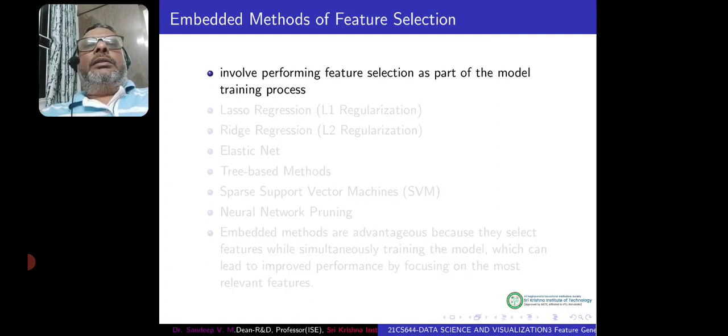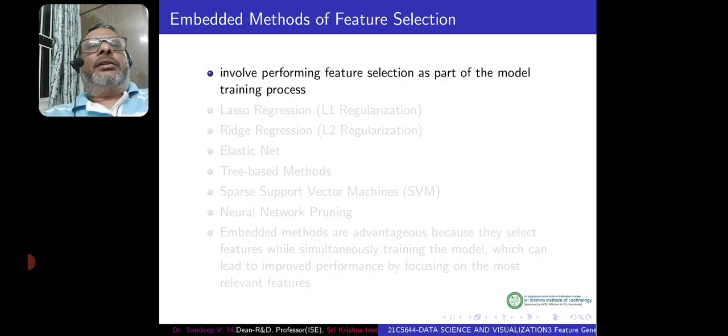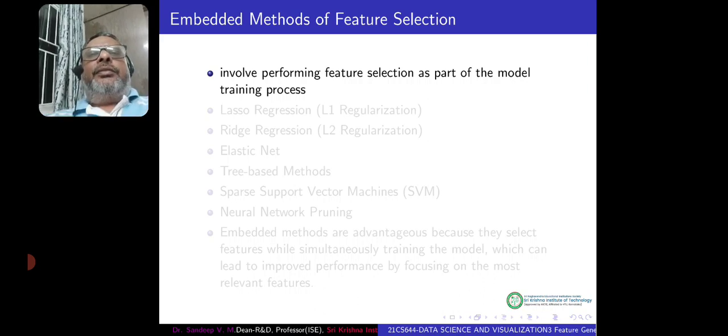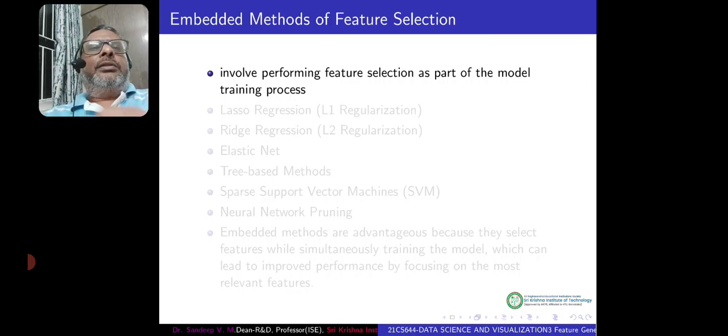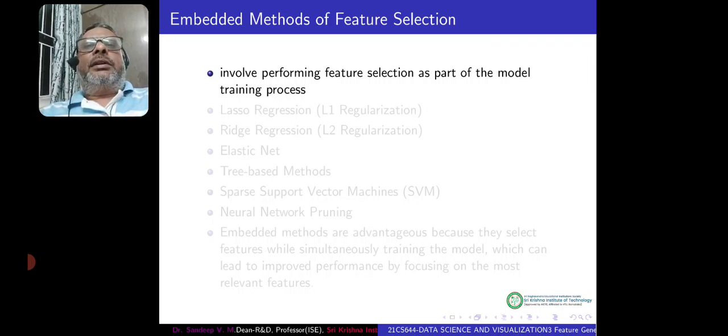And the third set of feature selection methods is called embedded methods. It involves performing feature selection as part of the model training process. So here what we do is we keep all the features during the training process, but to that we attach a regularization factor.